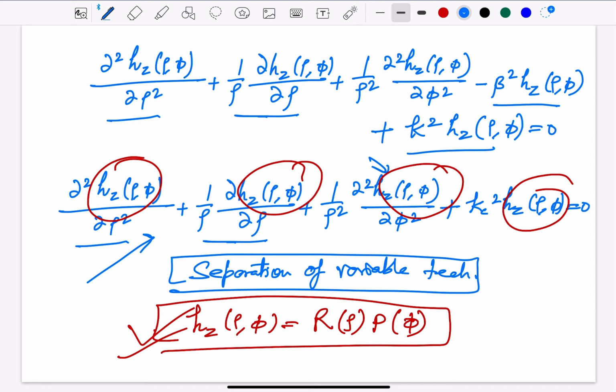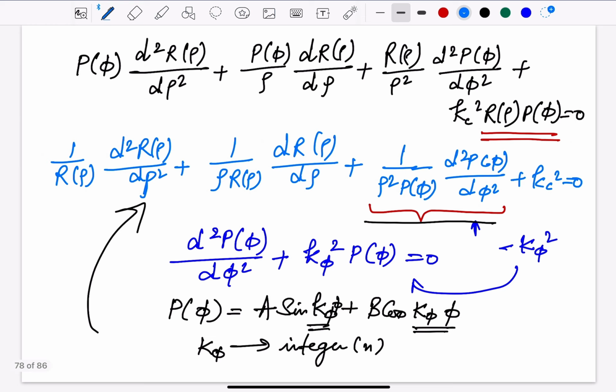So we use the separation of variable technique, defining HC in a new format, R as a function of rho and P as a function of phi separately. The moment we replace HC with R and P, you will have this equation, and we find that this differential equation is a function of R or P alone.